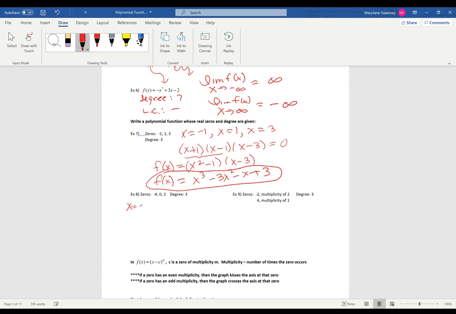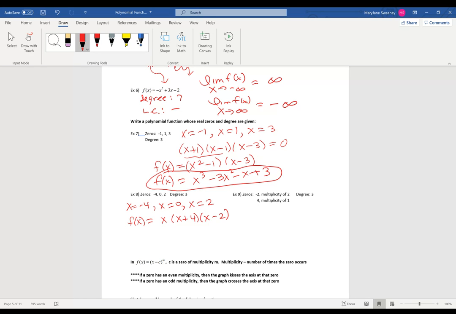So here, x equals negative 4, x equals 0, x equals 2. I know it's a degree 3 polynomial. So my factors are x, x plus 4, and x minus 2.